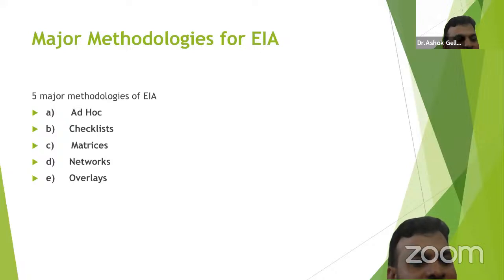In flora: trees, shrubs, different grasses, agricultural crops in the surrounding area, aquatic plants, and the floral biodiversity.